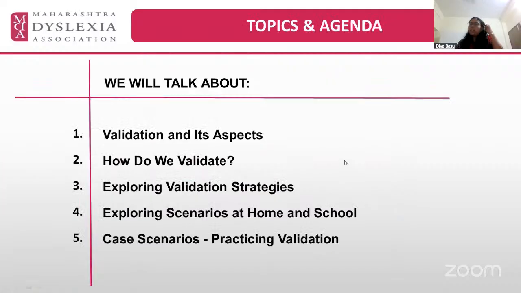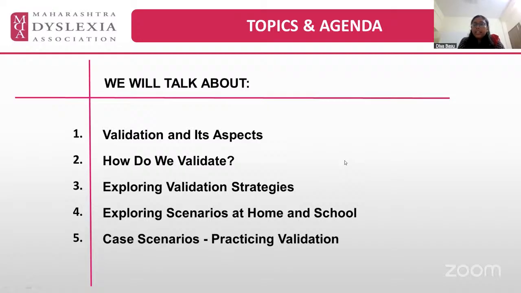So in the beginning, let me state our topics and agenda. I'm going to talk about what is validation and what are the different aspects of validation. How do we validate? We will be exploring certain validation strategies, and certain scenarios at home and in the school.